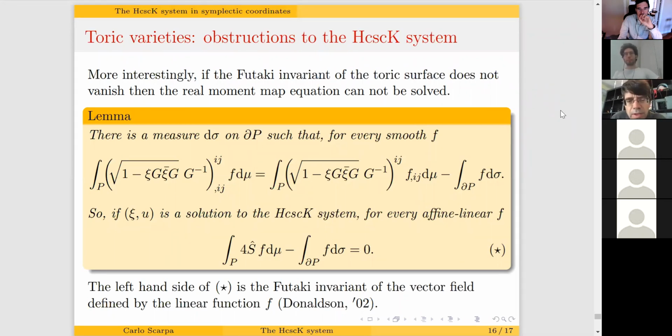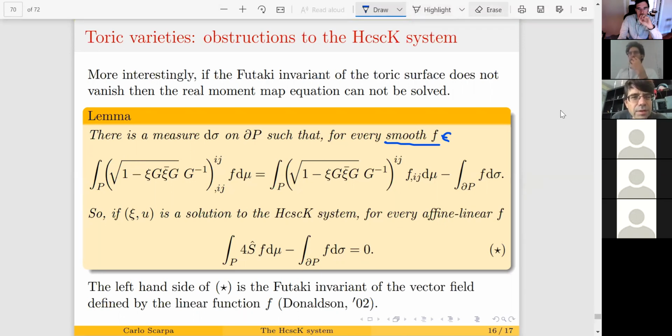Okay, but then your argument actually shows more. It shows that if you have a solution, the polytope is uniformly stable. And therefore, effectively, you will have a constant scalar curvature metric if you have a solution. Is that true? Yes, I'm working on this these days actually. The lemma, as I've stated it, is just for smooth functions on the whole polytope, but there is a general argument for piecewise linear functions: if you have something positive definite, you can get something positive from a piecewise linear function.